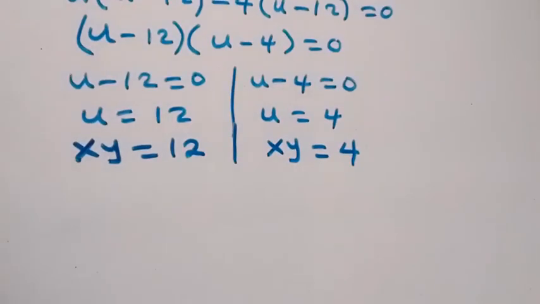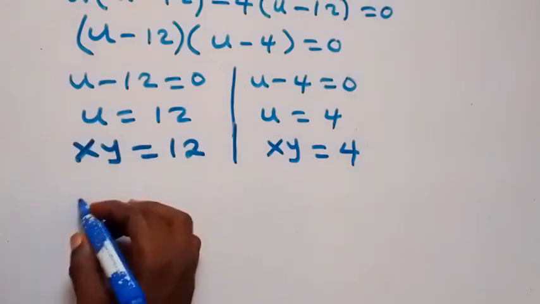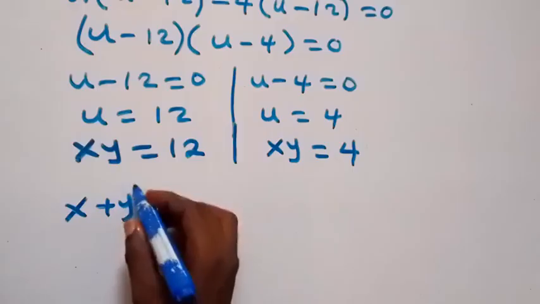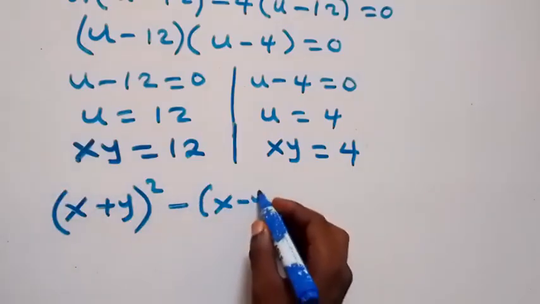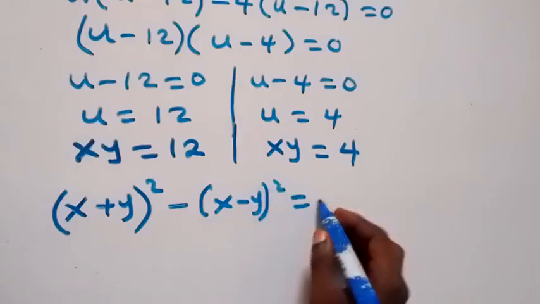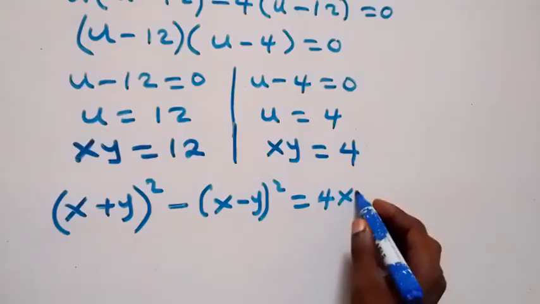Then, working with this identity, that is, when we have x plus y squared minus x minus y squared, this is the same thing as 4xy.